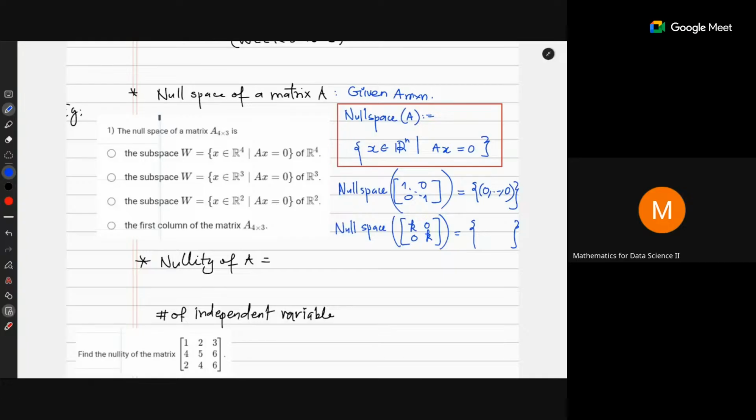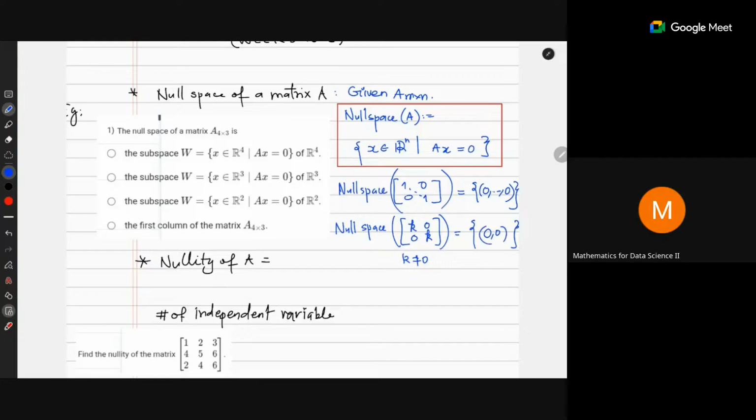If you have a scalar matrix, let's say of 2 cross 2 order, assuming that k is non-zero, then what would be the null space? It would again be a 0 vector.